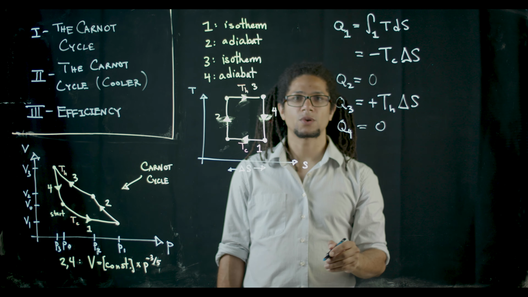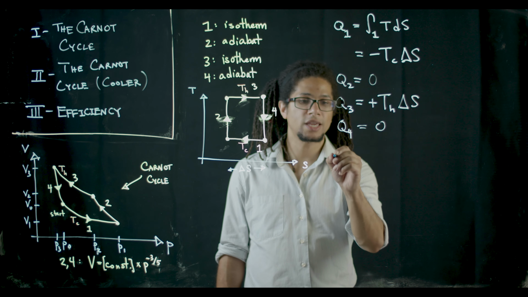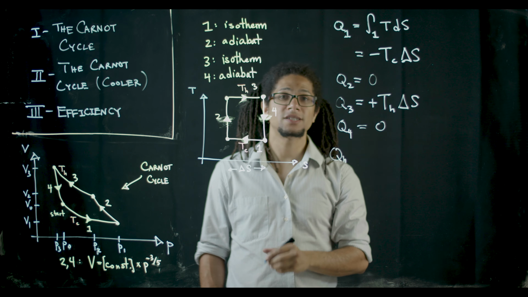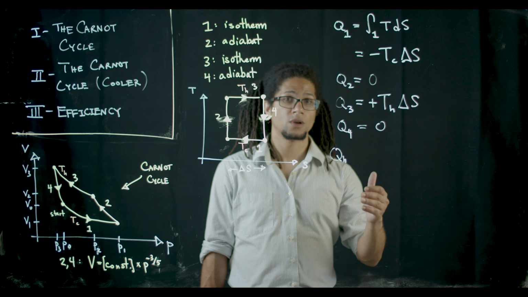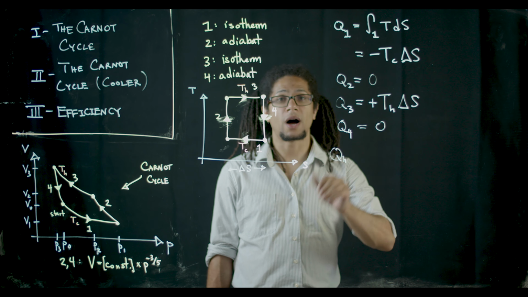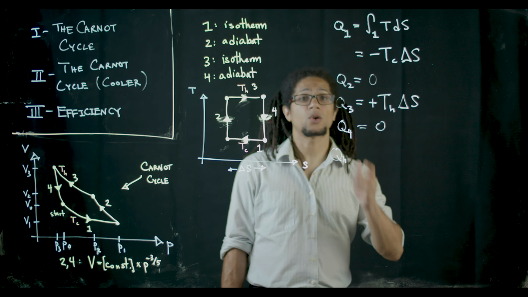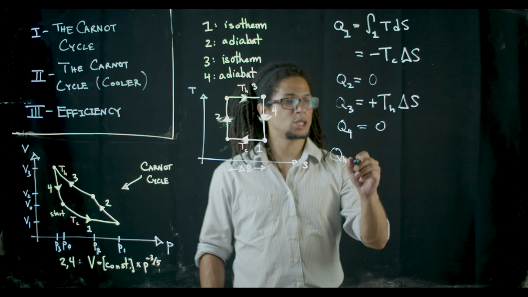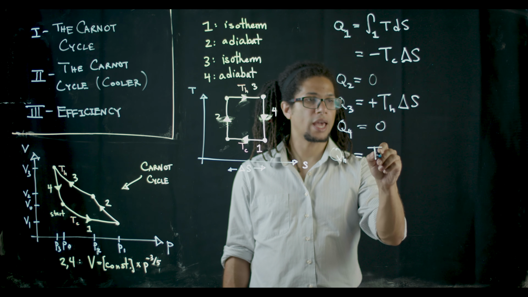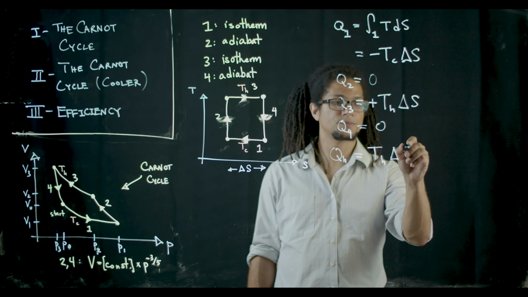Now we ask ourselves, what is QH? Again, defined to be the sum of the heat for all strokes where the heat into the system is positive. In this case, that's only one stroke, 3. So QH here is just TH delta S.